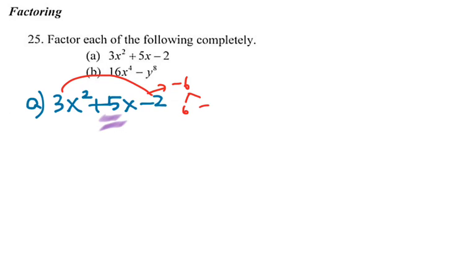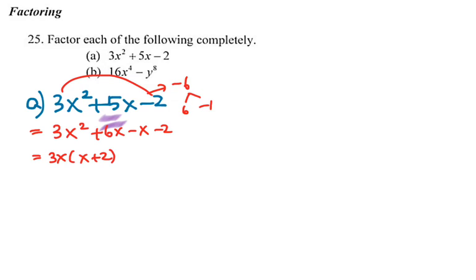That must be 6 and negative 1. That means I can rewrite 5x as 6x minus x. Then 3x squared plus 6x minus x, and that's basically what we end up getting. From the first two terms, we realize that 3x is common, so we get x plus 2 is what's left.